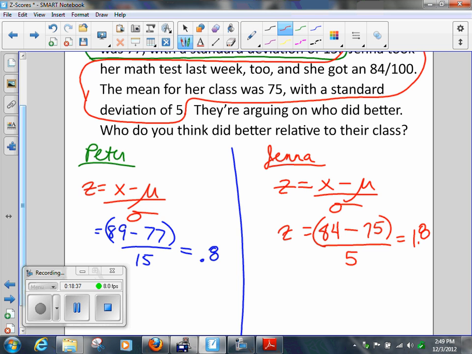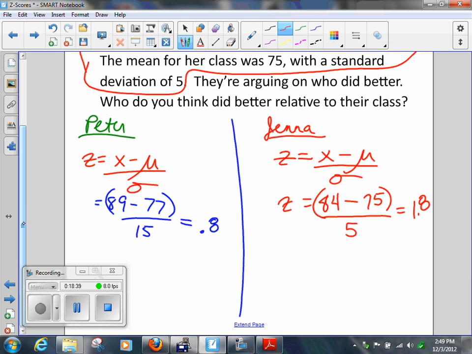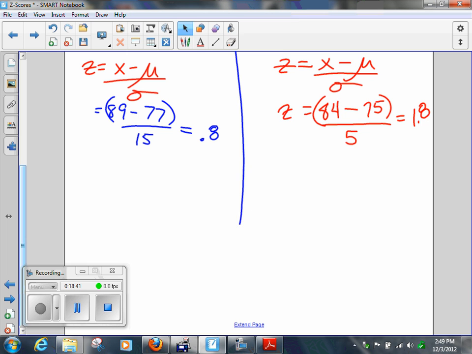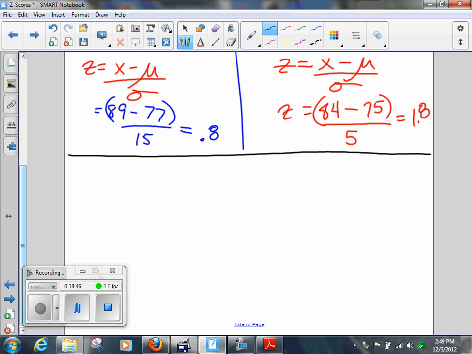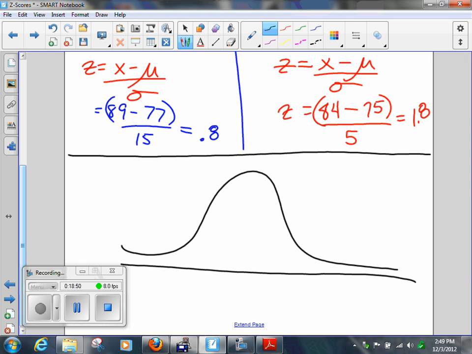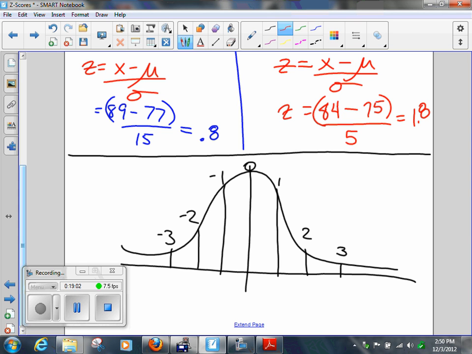Now, I want you to think about this. Just looking at their z-scores, which one do you think did better? Not even putting anything on a graph. Okay, 0, 1, 2, 3, -1, -2, -3. All right, I'm going to plot 0.8 in blue, which should be about right here. 0.8, that's Peter.